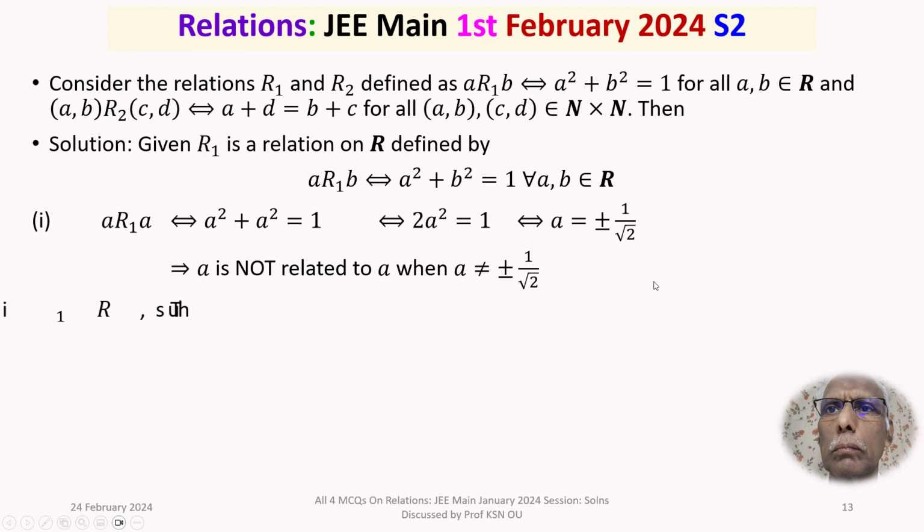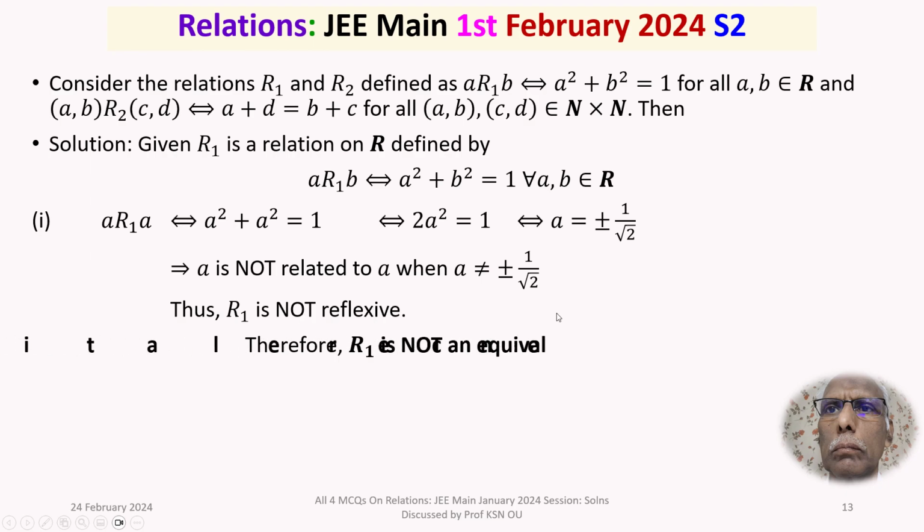That means A is related to A for all A is not true. Therefore, R1 is not reflexive. When R1 is not reflexive, R1 is not an equivalence relation. So that is the property. That is the equivalence relation property is not there for R1.